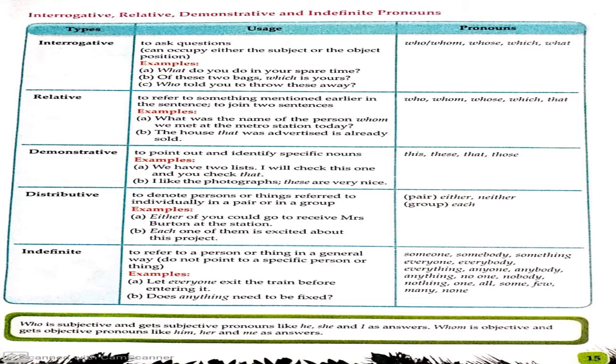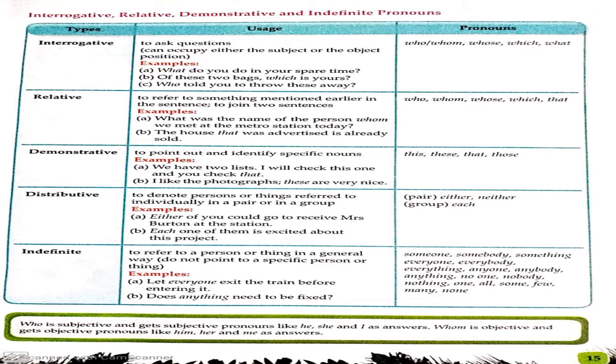For example, if you see here, what do you do in your spare time? So here this interrogative pronoun is occupying the subject position. Okay, what do you do in your spare time? So here what is an interrogative pronoun.